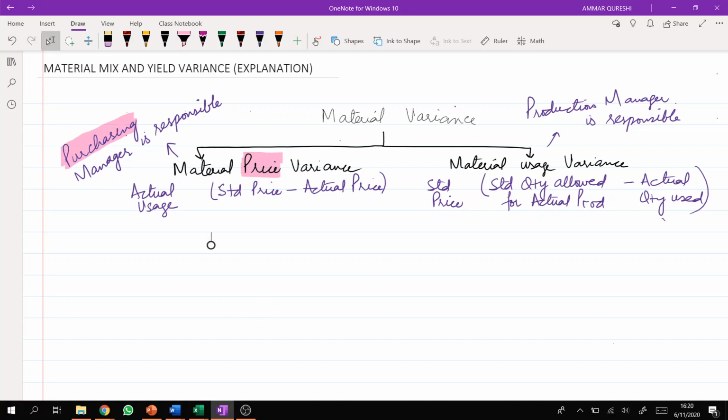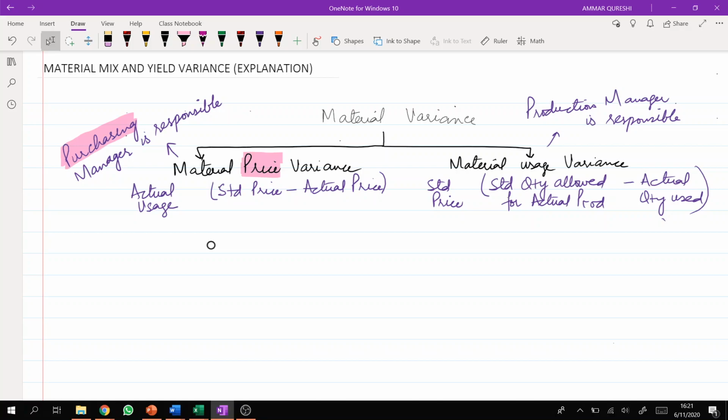Because the purchasing manager is responsible for purchasing raw material. So if standard price was $10 and actual price was $11, then this means that the purchasing manager bought material at $1 higher as compared with the standard. The purchasing department manager spent $1 more as compared with the expectations.